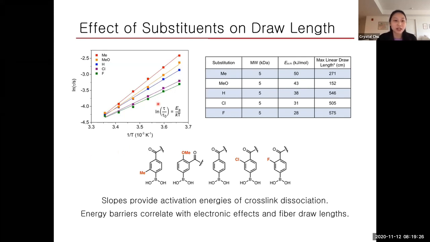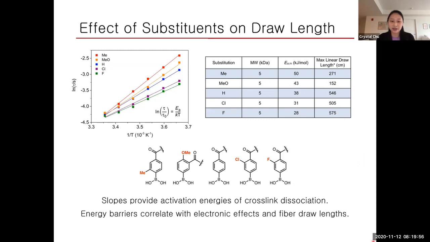From these Arrhenius plots, we're able to extract these activation energies of cross-link dissociation. And as I said, they trend expectedly with our different electronic effects of the chemical substituents. And what we find is that overall, for materials that have a lower activation energy of cross-link dissociation, we're able to access longer draw lengths in comparison to those with higher activation energies.